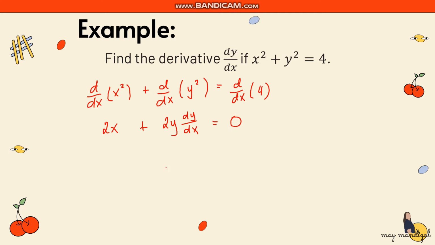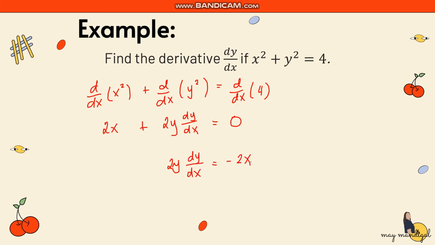Next thing that we have to do is to isolate the term dy over dx, which means we only have to put dy over dx on one side of the equation and the other terms on the other side. Since it's already here, we just have to move the 2x to the other side. So 2y dy over dx is equal to negative 2x.